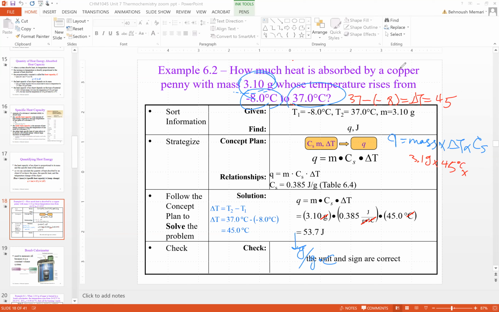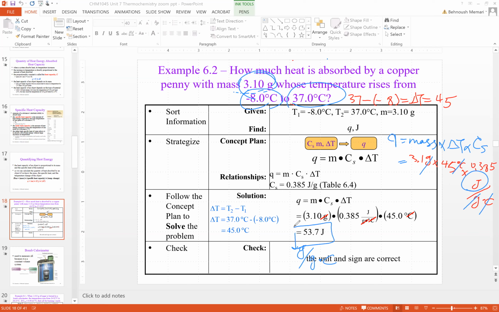So what is the specific heat for copper? You must have that value. If you have that value as 0.385, with the unit joule per gram degree Celsius, then we can cancel the units. Gram would be canceled with this gram, degree Celsius would be canceled with degree Celsius, and the number that you find here is going to be expressed in joules.